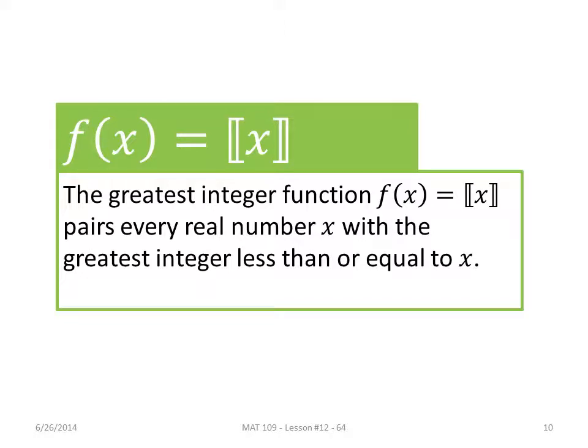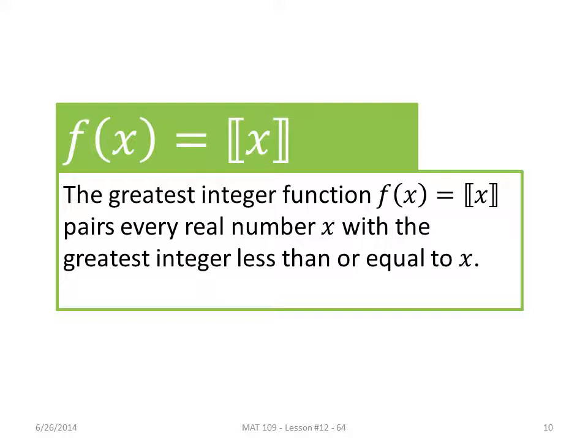One that's really strange is called the greatest integer function. The greatest integer function uses these weird looking double brackets here. Here it is in a little different font. Those double brackets have a very special meaning.